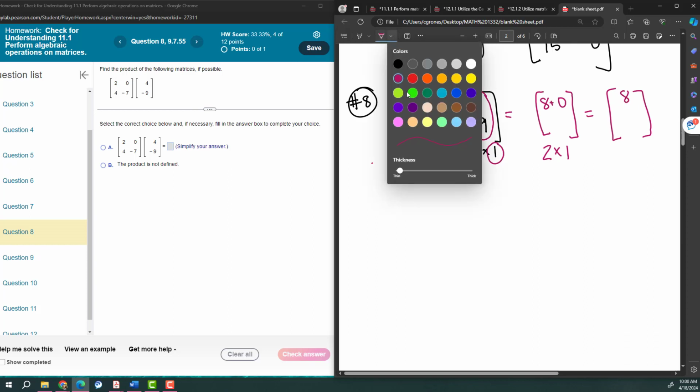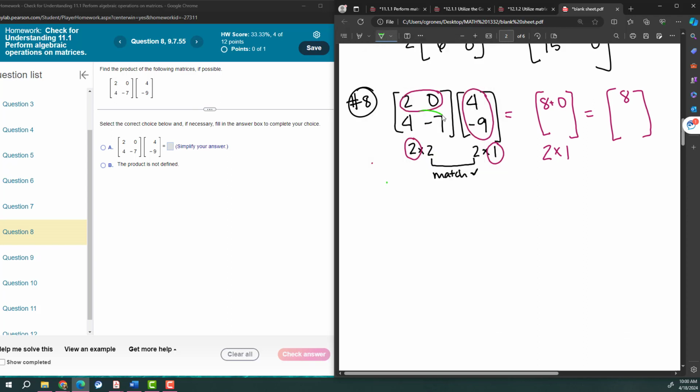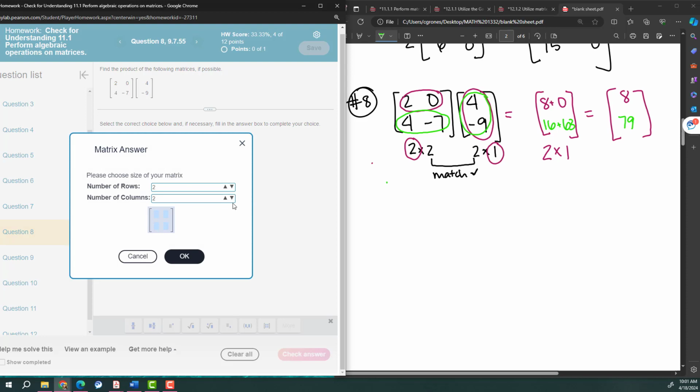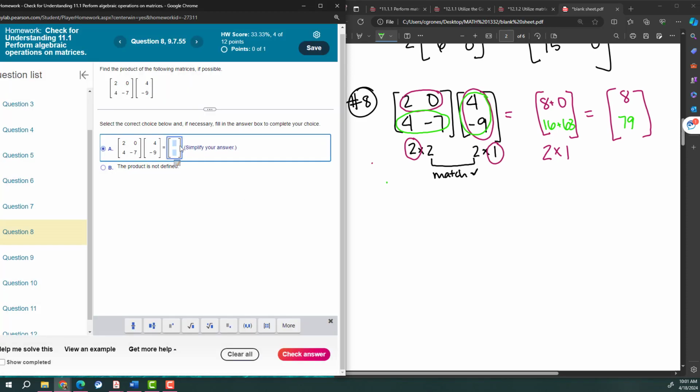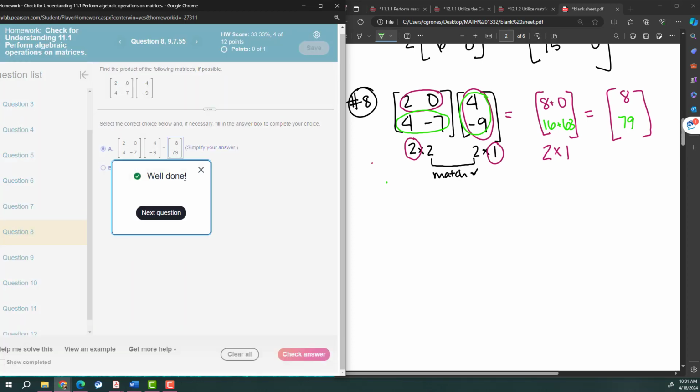For our second value, again, it's going to be row times column. So 4 times 4 is going to be 16. And then plus we've got -7 and -9, which is going to be 63. And then 16 plus 63 is 79. So we've got 2 rows, but 1 column. And we've got 8 and then 79.